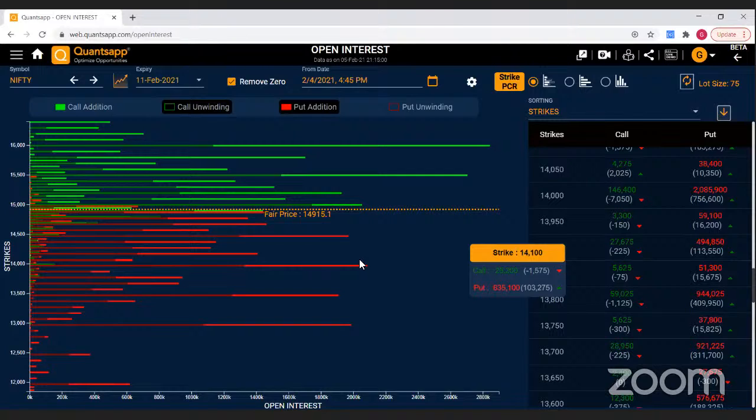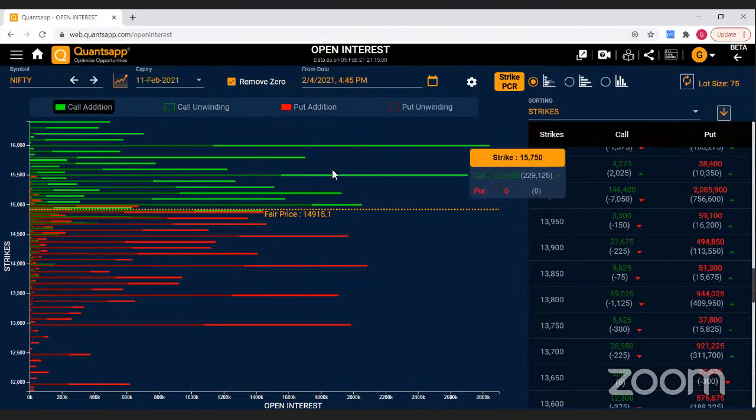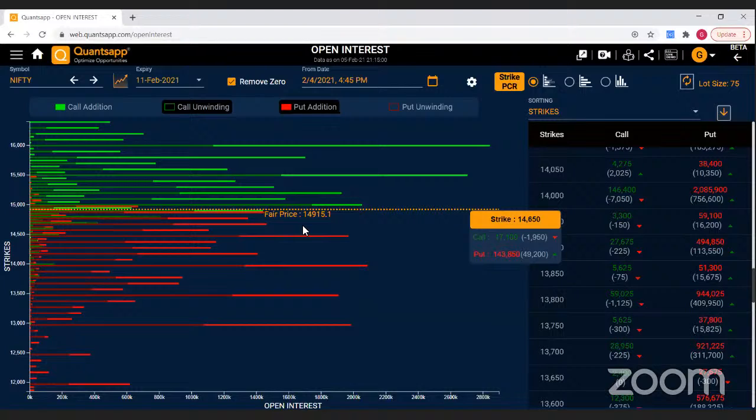If you're buying a put, you want prices to go down. But if you're selling a put, you want prices to go up. When you are writing an option, you want your option strike to remain out of the money.